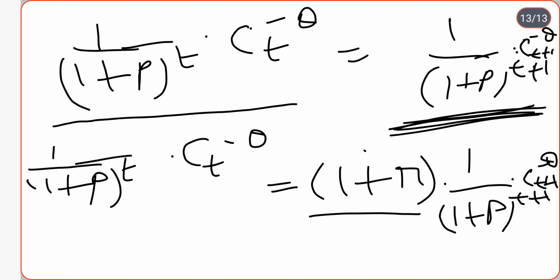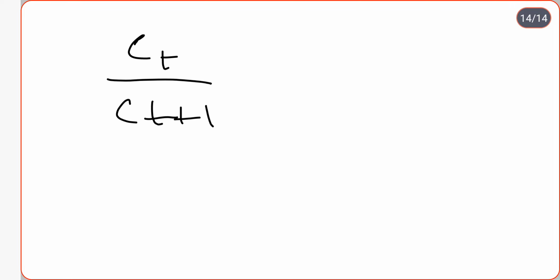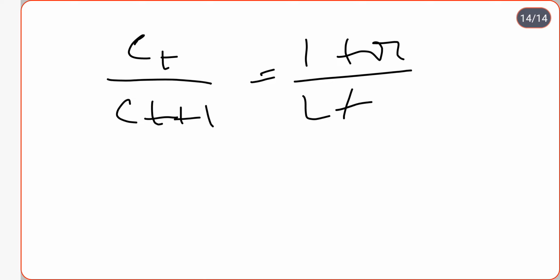Next, we have to find out what will be the value of ct by ct plus 1. At first we have to understand what the value of ct by ct plus 1 will be. For that we have to do a derivative, do an integration, which is not required for the model. We will just write the value after doing the integration. So ct by ct plus 1 will be equal to 1 plus r divided by 1 plus rho.